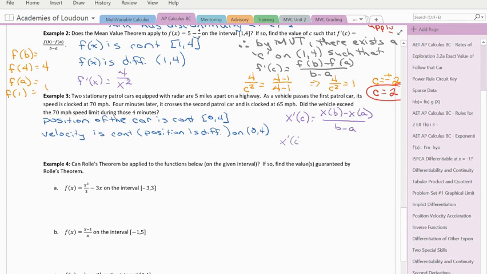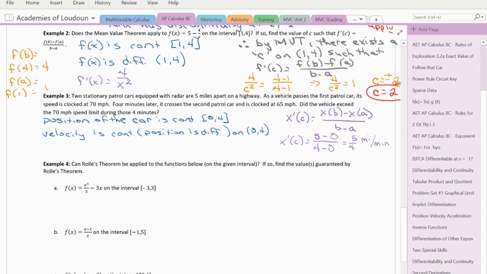So x prime of c is going to equal, so my position at time b, or 4 minutes, is going to be 5 miles. My initial position will be 0. And then I have 4 minus 0 for minutes. So this is 5/4 mile per minute.